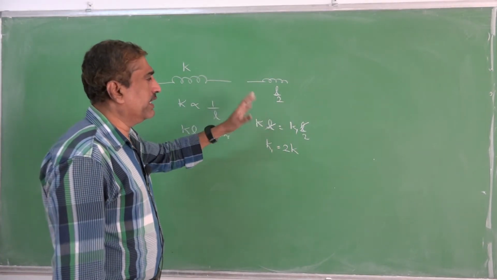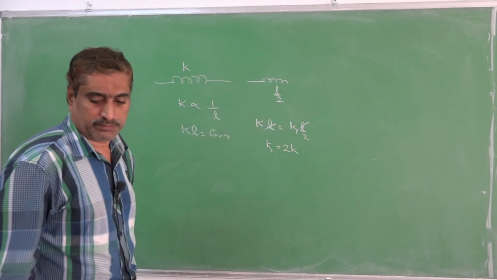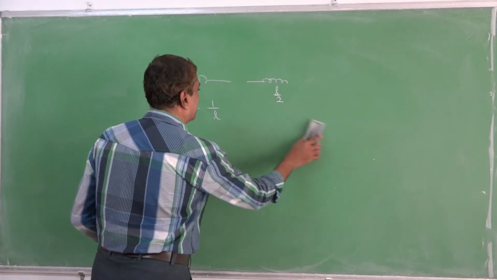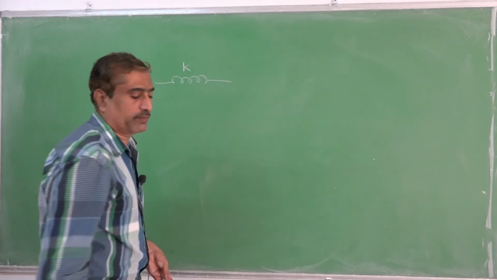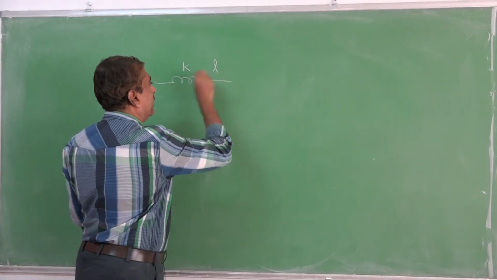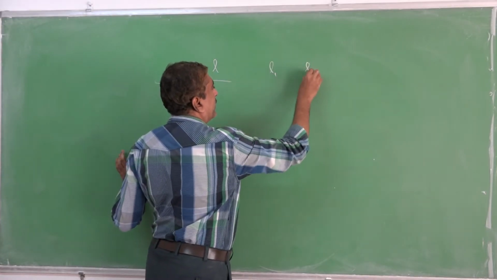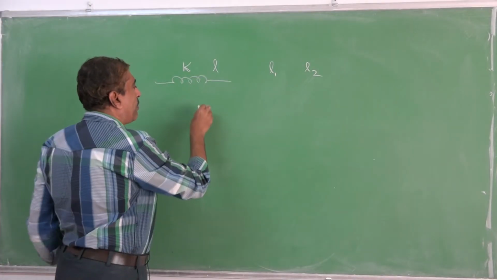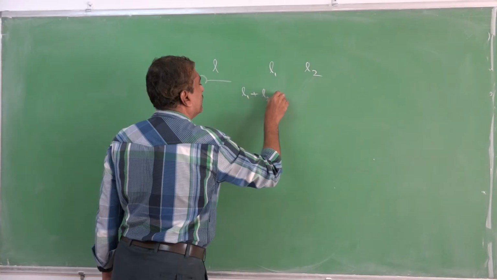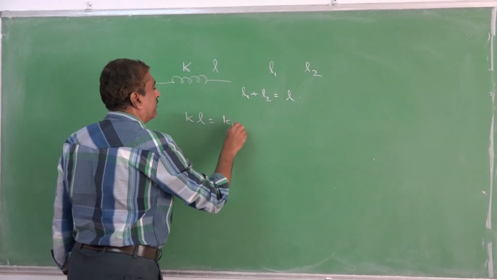If they are cut in other ratios, then also we can calculate for that. Suppose a spring of length L and spring constant K is cut into two lengths L1 and L2. In that case, L1 plus L2 is equal to L. Now, for the first part, KL is equal to K1 L1.